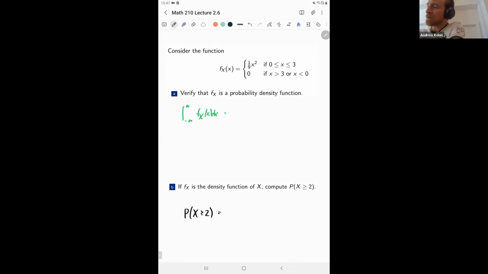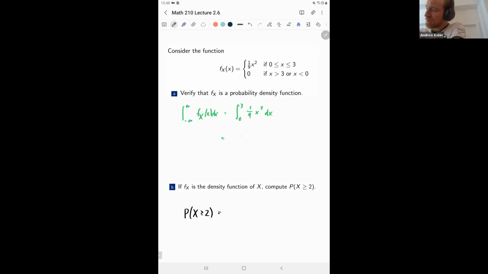So all we have to integrate here, this is a nice thing about integrals, which is why they provide such a solid foundation for probability, is we only have to restrict to where the function is actually positive. So in this case, on the interval 0 to 3, we're going to integrate the function as it's described above. For those input values, the outputs are 1/9 x squared. This is a power rule problem, so you've probably already finished this while I was talking.